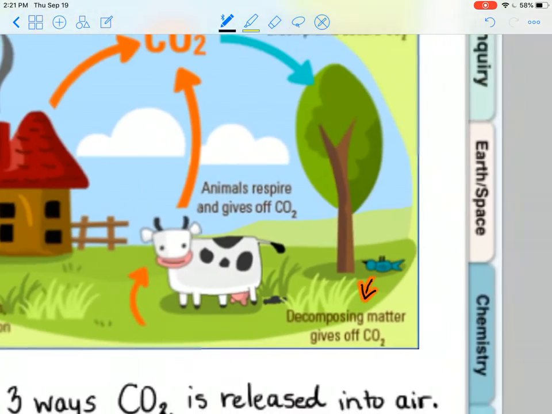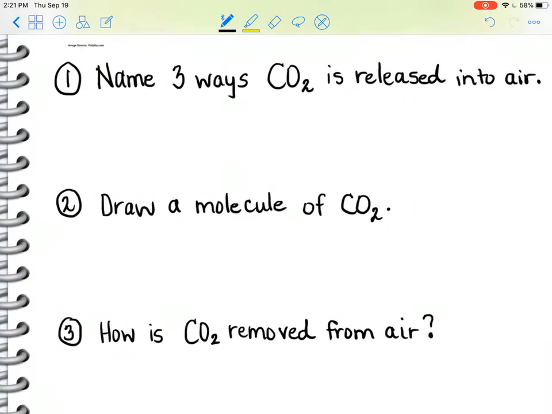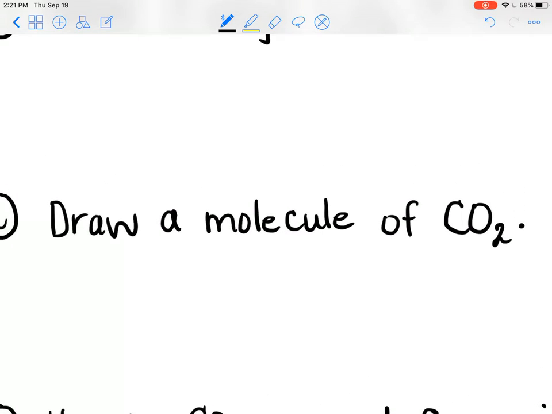And I think rather than belabor this, I'm just going to ask you to skip down here to question number 2, where I'm asking you to draw a molecule of CO2. CO2 is carbon dioxide. The C stands for carbon, O, oxygen or oxide, di means 2.